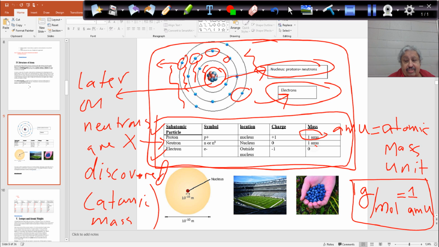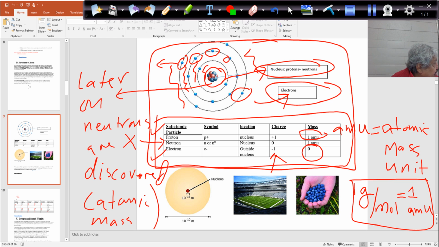However, the electron's mass is almost zero, very, very tiny, 0.000 something, so 9, 3 zeros and 9. So it's not considered to have a mass. We'll say almost zero mass, but it does have a charge, -1.